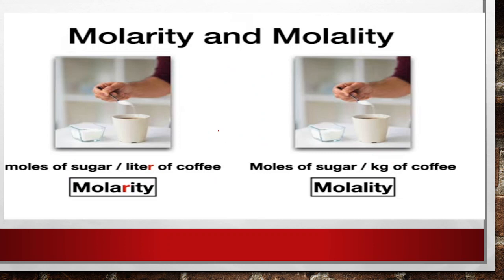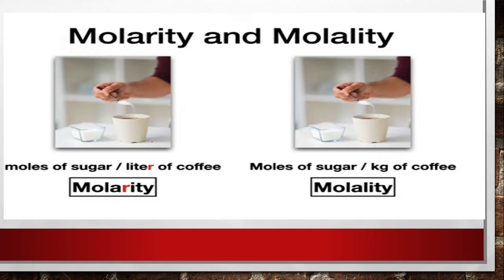For example, if you want to understand molarity, take this example: a cup of tea is present and you want to put sugar in this cup of tea, and this amount of tea is given in liter.